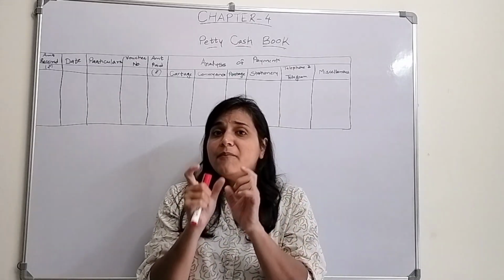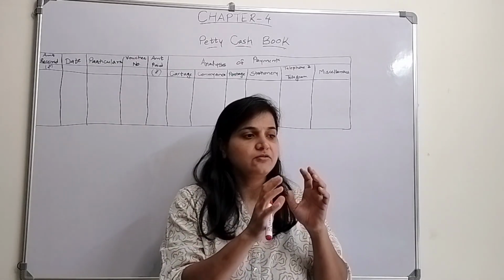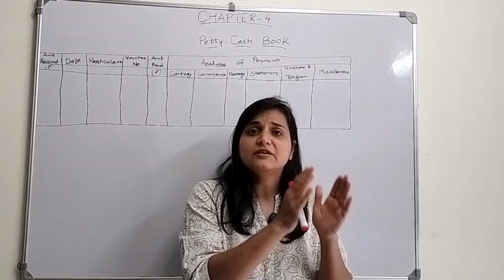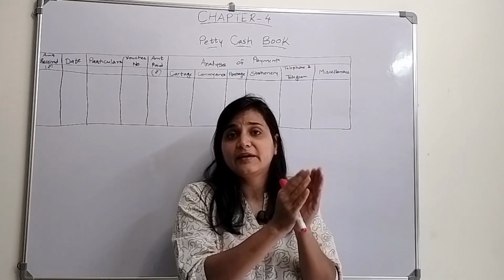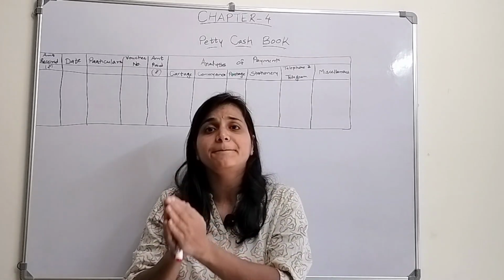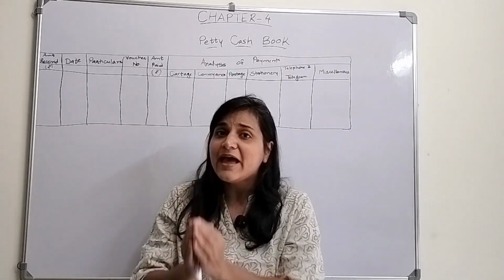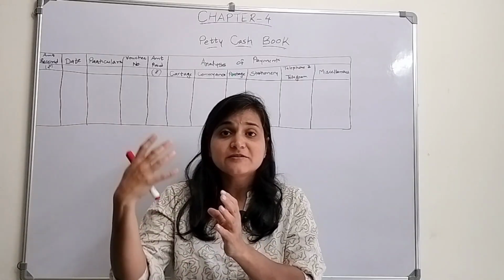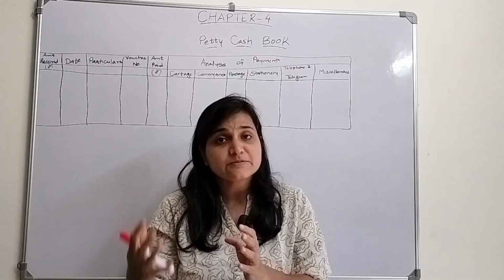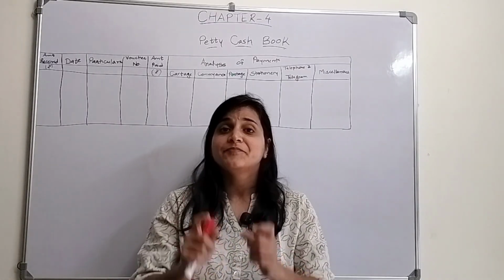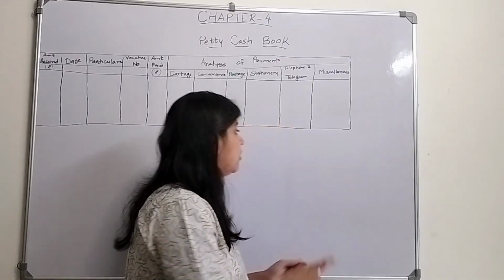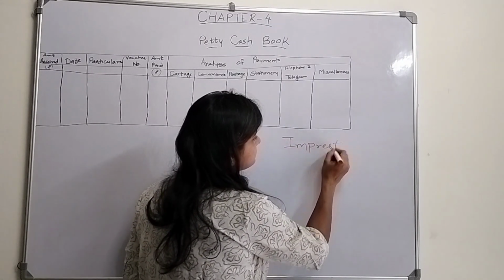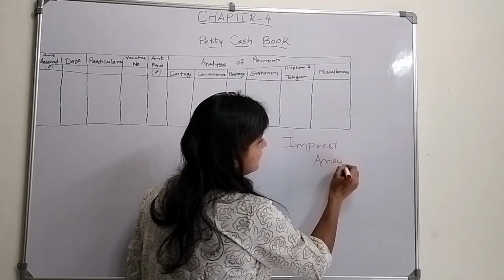That small amount, may it be 5,000, 2,000, or 3,000, whatever the main cashier gives, the petty cashier will spend on the petty expenses, small expenses, and that amount is called the imprest amount.